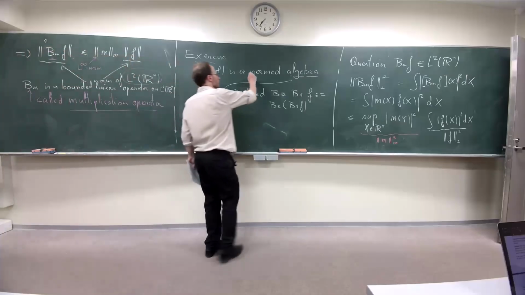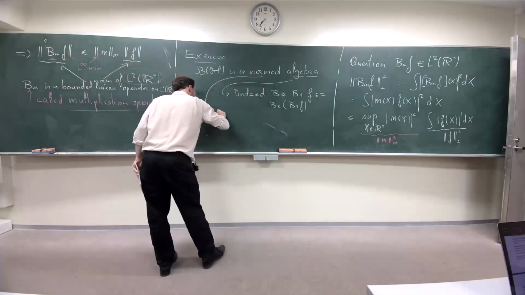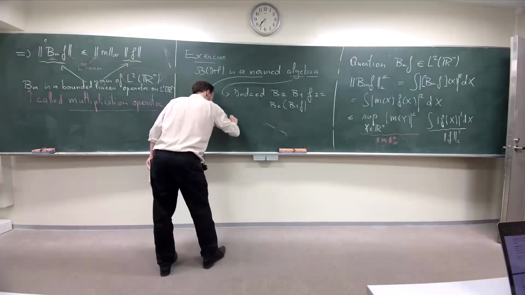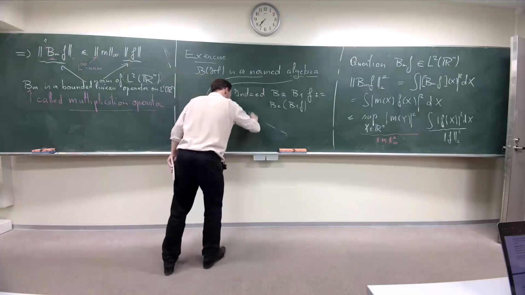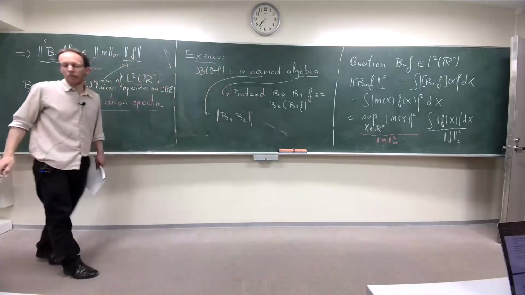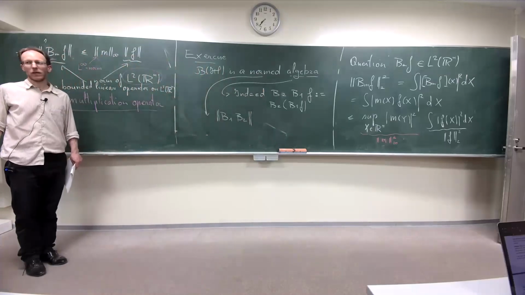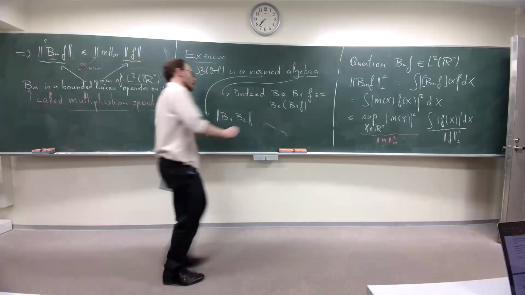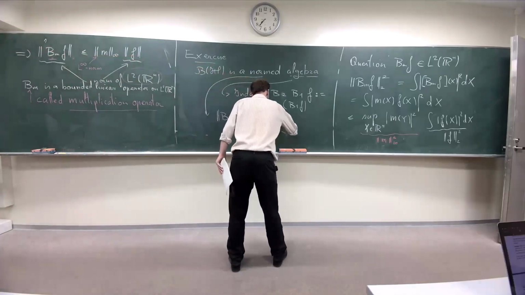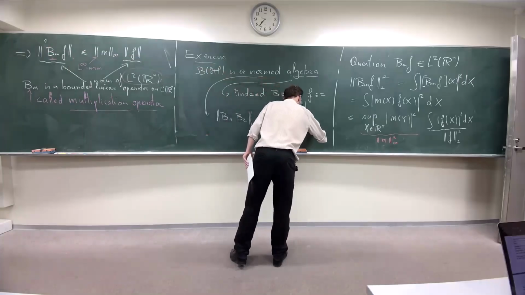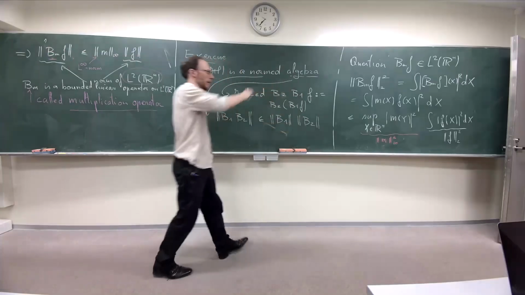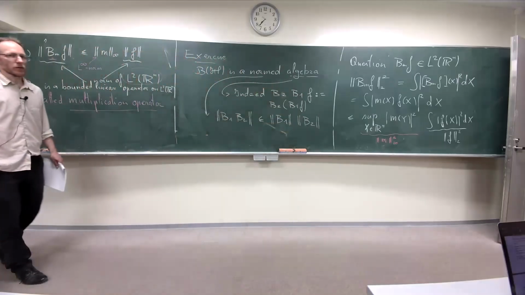And what normed means here is that for B1 B2, I can take its norm because it's again a bounded operator. It's smaller or equal to the norm of B1 times the norm of B2. You can check it from the definition of norms.